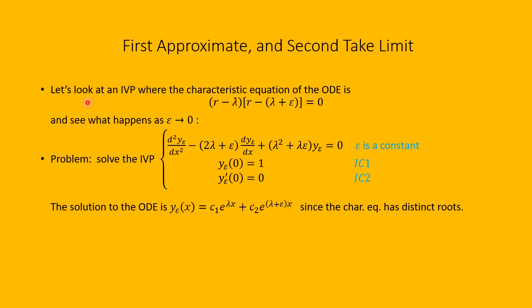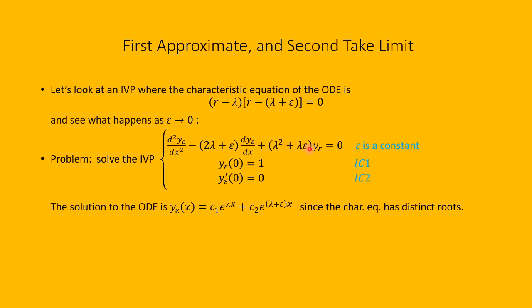So initially, let's look at an initial value problem where the characteristic equation of the ordinary differential equation is this. One root is going to be lambda, and the other root of the characteristic equation is lambda plus epsilon. And then we'll see what happens to the differential equation's solution as epsilon goes to 0.